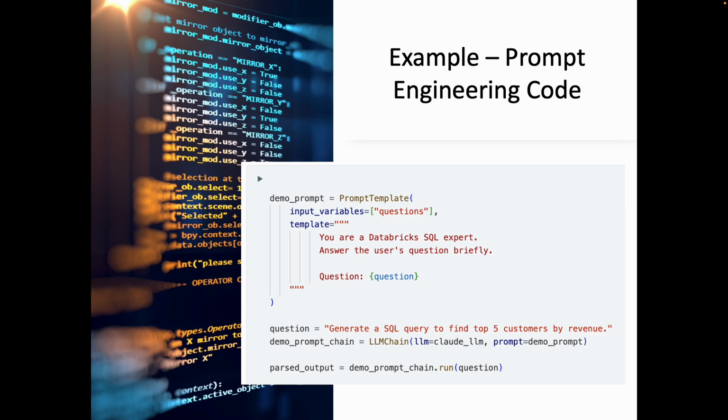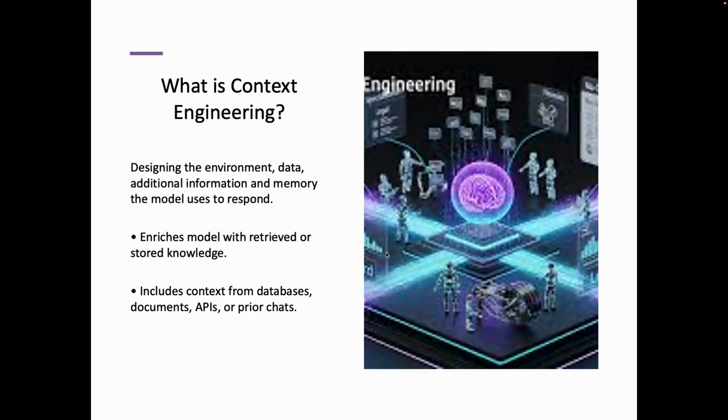On the other hand, context engineering enriches the same prompt but provides it with additional information. It provides additional data points and information about the surroundings and the environment where we want to run that question. We feed all this information to the model to get a very deterministic and reliable response.